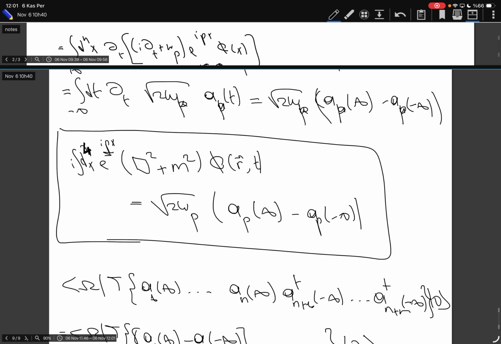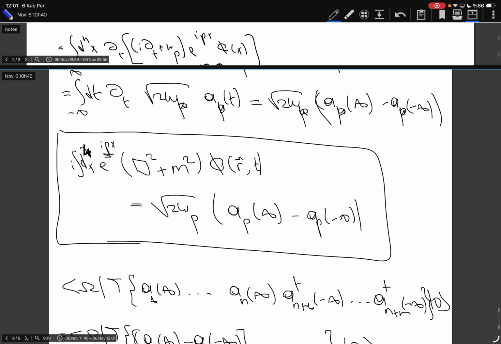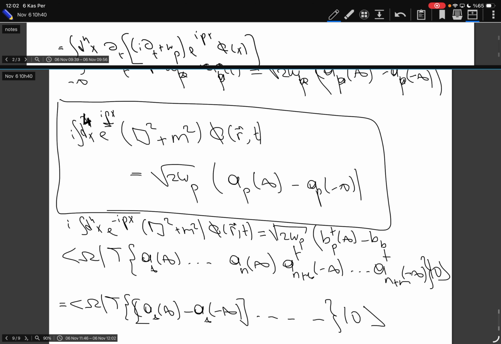Now, there is one crucial thing. If you would repeat exactly the same derivation, but with the opposite sign in the exponent, it would have just given me the creation operators.